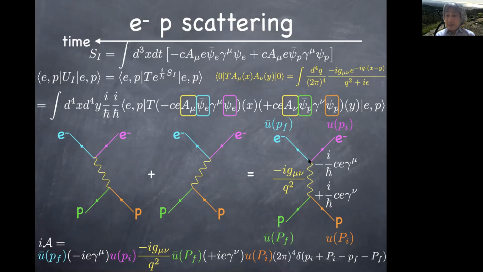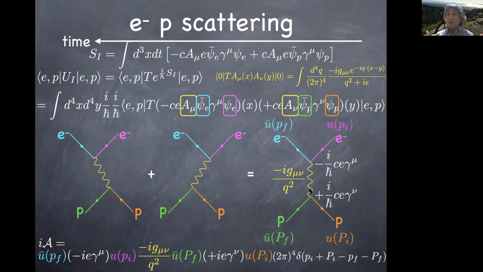In some sense, there is energy-momentum conservation at this vertex. The amount of momentum that changed from initial state to final state is what is emitted as the four-momentum of what we call the virtual photon. It is virtual because the q squared of this photon is not zero.